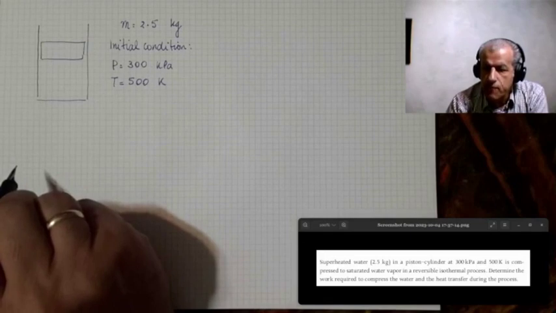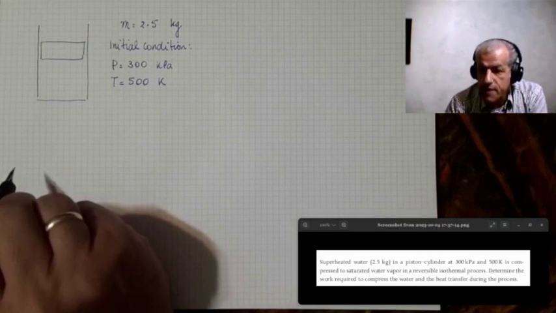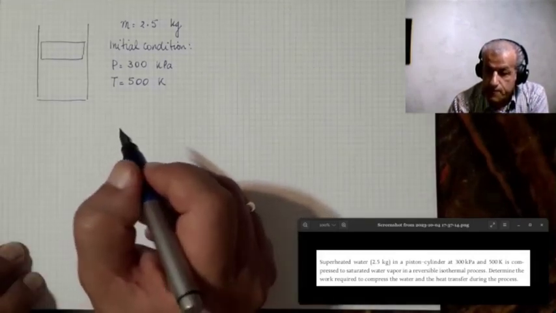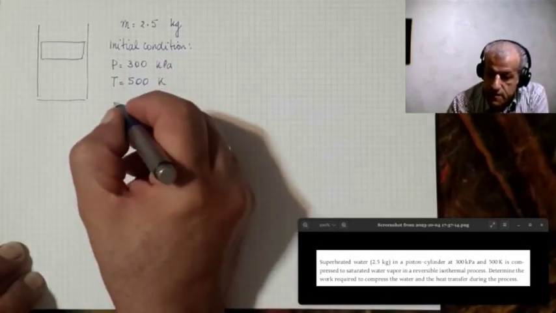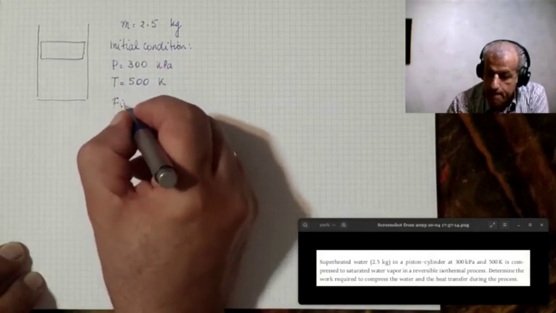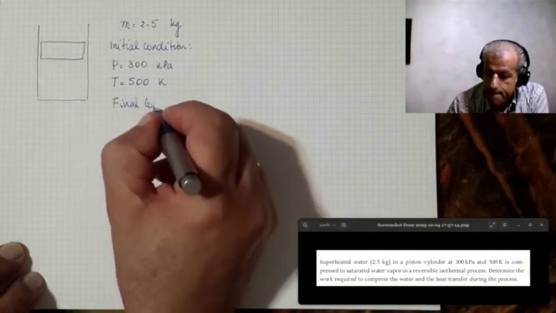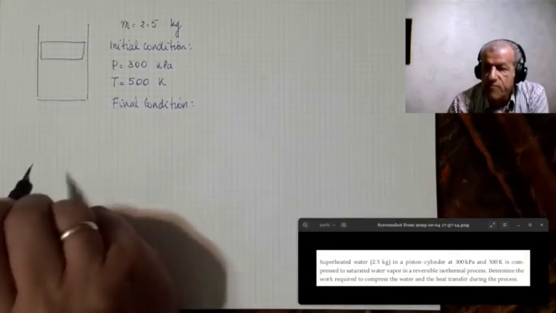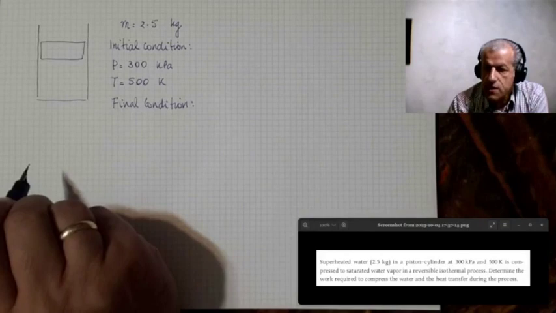Now, the problem tells us that we compress this superheated water to saturated water vapor in a reversible isothermal process. So the final condition, what is the final condition?